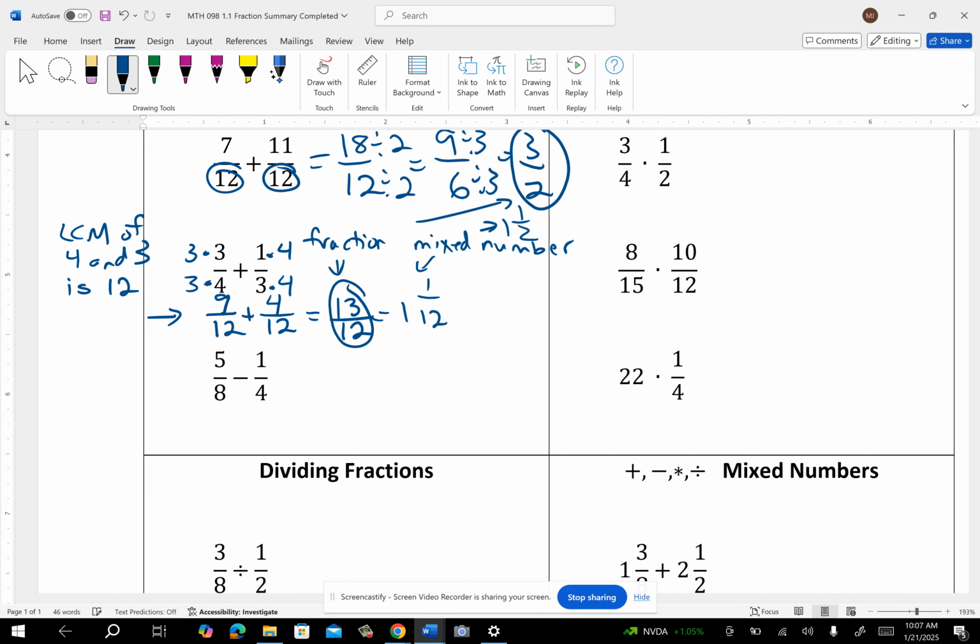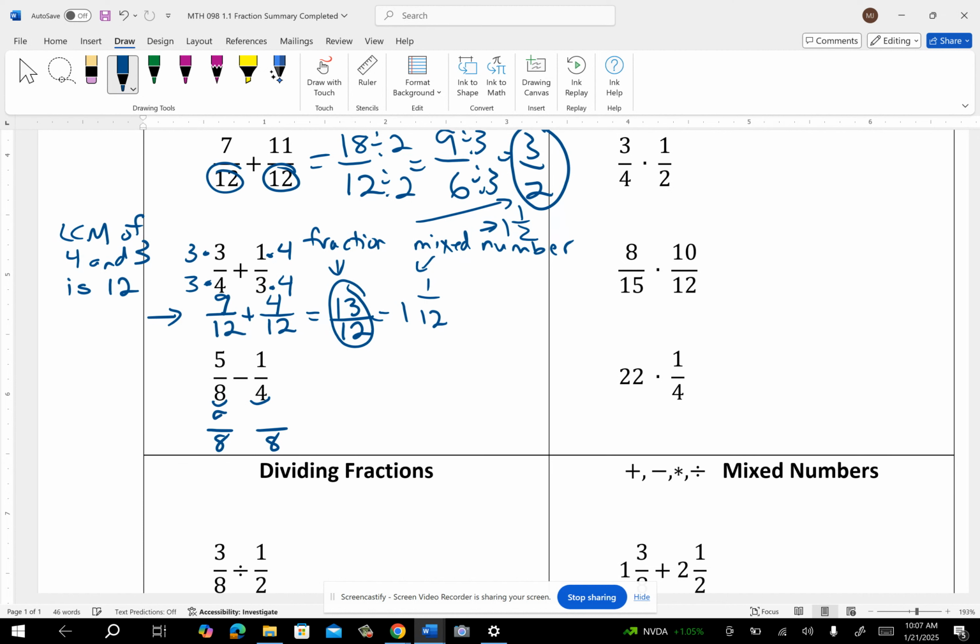Now, with subtraction, same thing. You need common denominators. Now, you could just take 8 times 4, those denominators, and use 32. It's not the least common multiple, though. You could use 16, because 8 goes into 16, and so does 4. If you wanted the least common multiple, though, that would be 8.